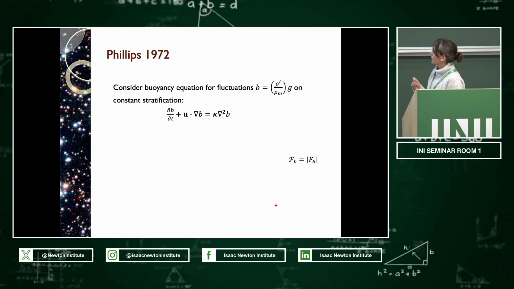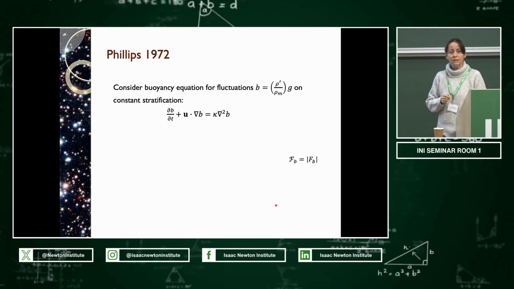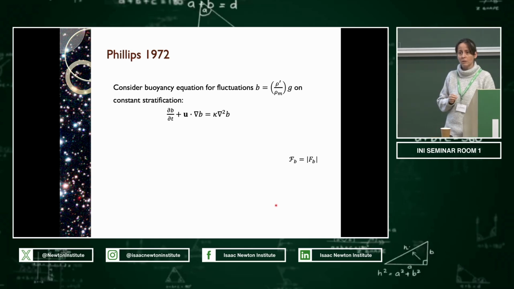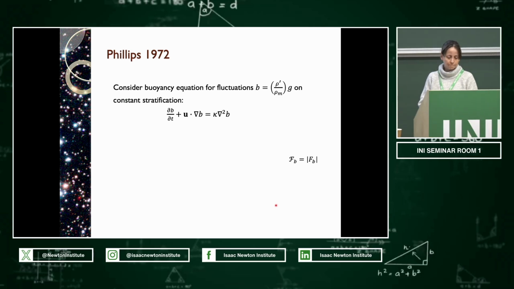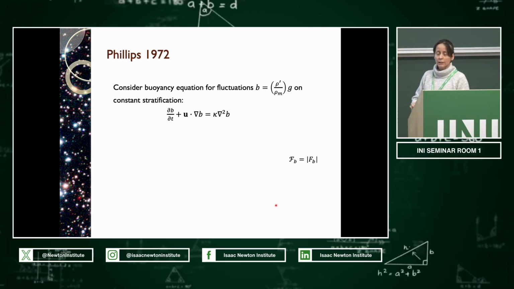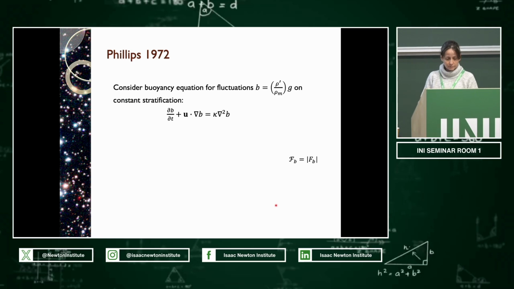So the Phillips mechanism goes as follows. You consider the buoyancy equation, and buoyancy is just a proxy for the density perturbation away from the mean. So it just follows a regular advection-diffusion equation.